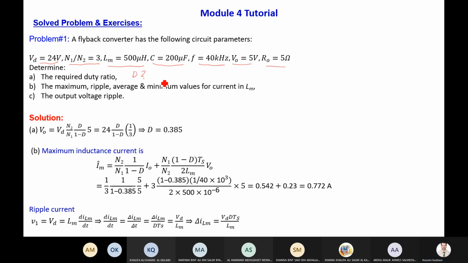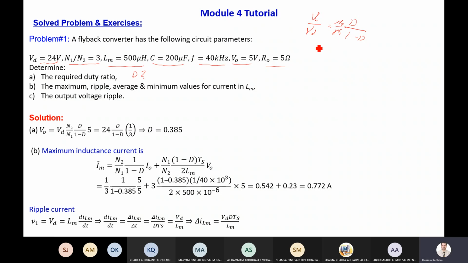Now I know that for buck-boost, V out over VD equals D over 1 minus D, where the D alone is the buck effect, 1 over 1 minus D is the boost effect, and multiplying it by N2 over N1 gives me the flyback duty cycle.